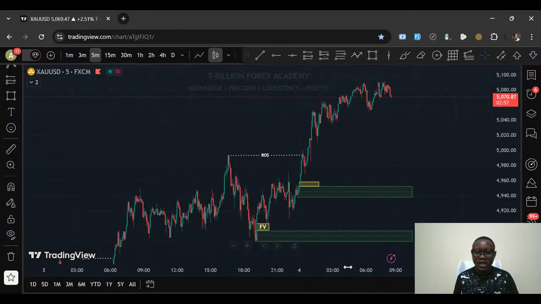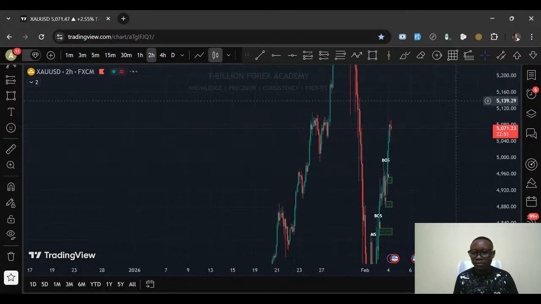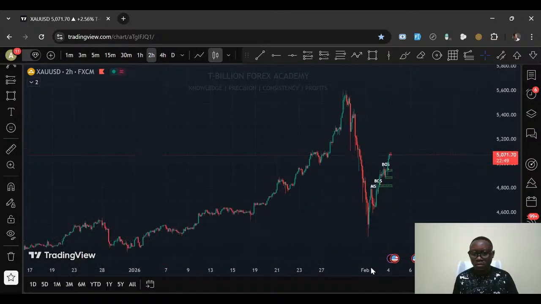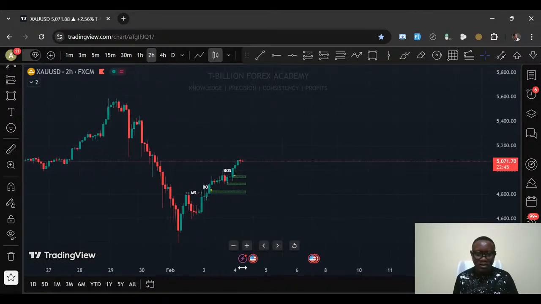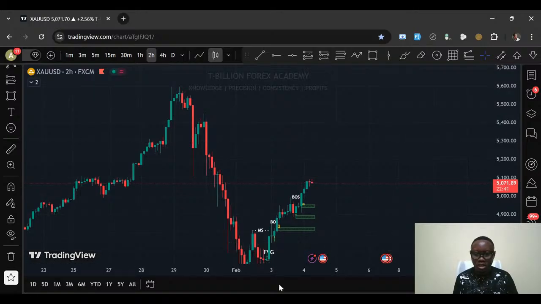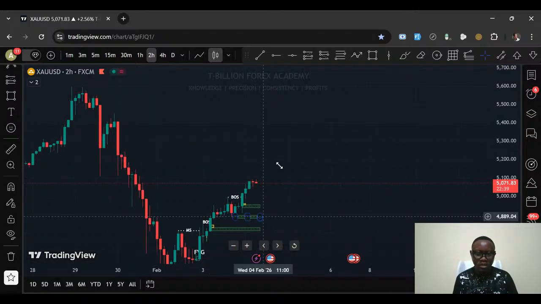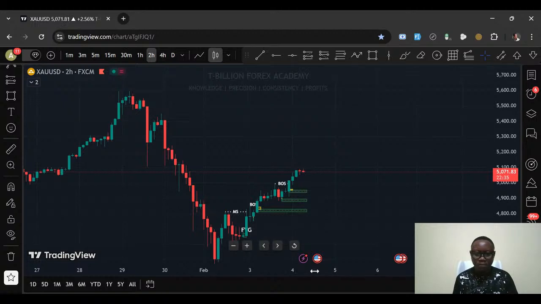All right, so while we have these other block zones, let's identify some supply order block zones that price could potentially make a significant pullback, probably that we could scalp.